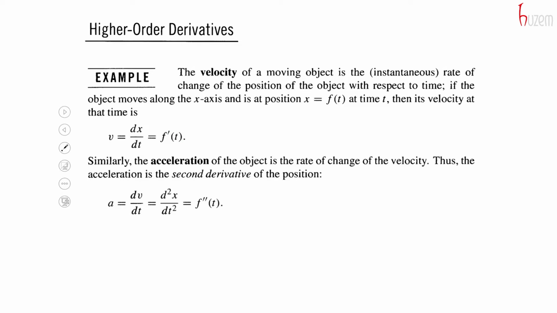Similarly, the acceleration of the object is the rate of change in the velocity. So it's the first derivative of the velocity. Thus, acceleration is the second derivative of the position function. So the first derivative of the velocity will be the second derivative of the function f. So the second derivative is also used in life as being the acceleration of a moving object.